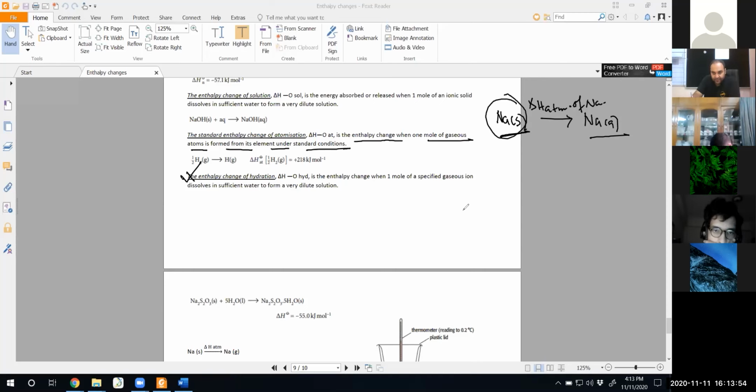Instead of a metal, if you take a non-metal, for example oxygen, which is a gas itself, then what will be the atomization of oxygen? Half O2 becomes O gas. So atomization is 1 mole of gaseous atoms formed from its constituent element under standard conditions.